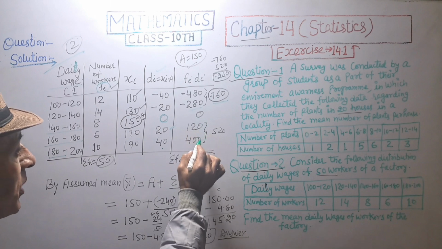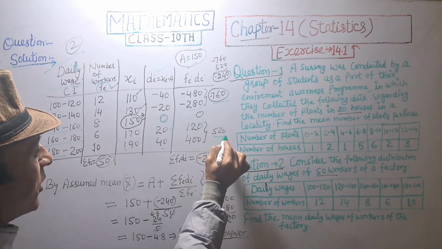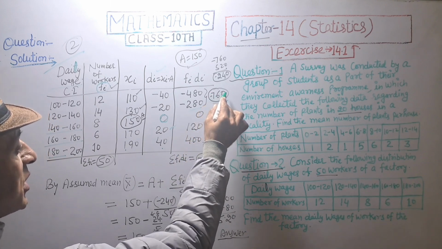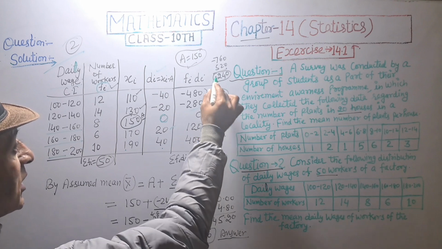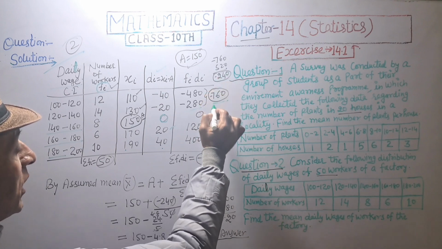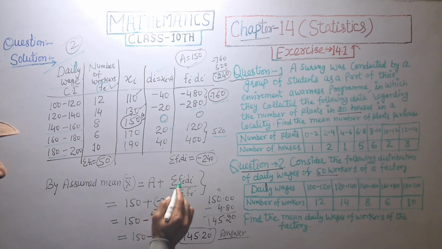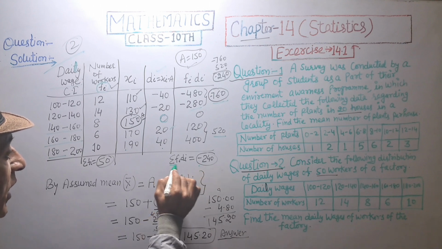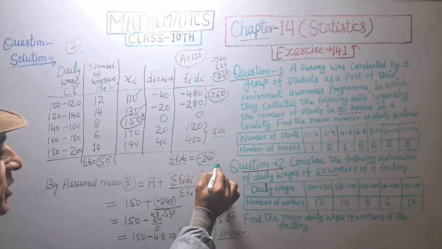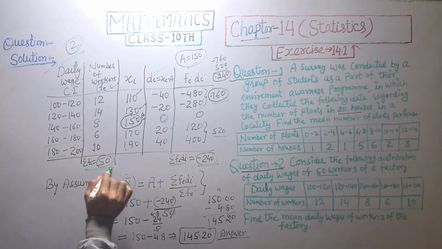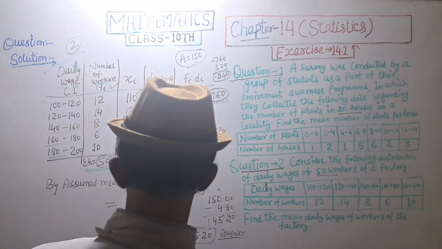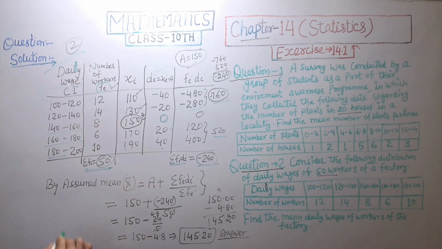The sum of positive numbers is 520. 760 minus 520, that is minus 240, so summation FiDi is equal to minus 240. And the sum of frequency, that is 50 workers, so summation Fi is equal to 50.